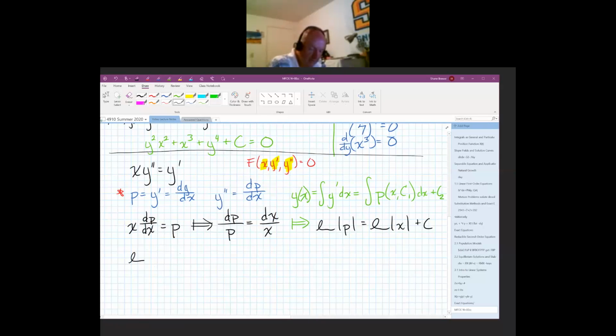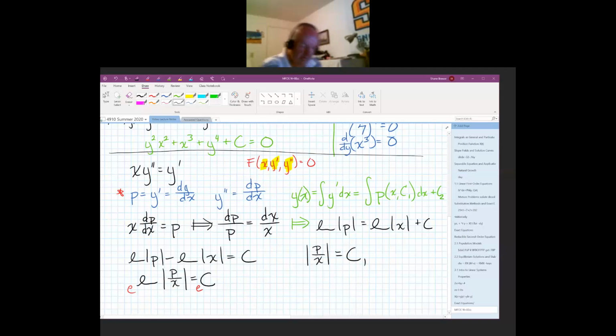And we can do the thing that we always do. We don't like having a lot of natural logs around, so let's just make them one natural log. Right? Okay. And then we'll exponentiate both sides. Which leads us to this: absolute value of p over x equals some constant.